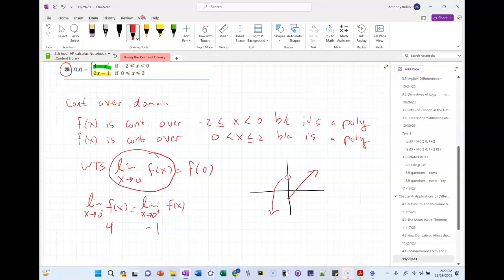So it's going to look kind of like this, right? I have a downward facing half of a parabola and then a line with a positive slope.